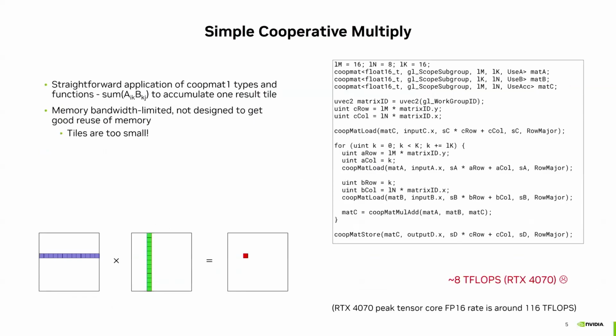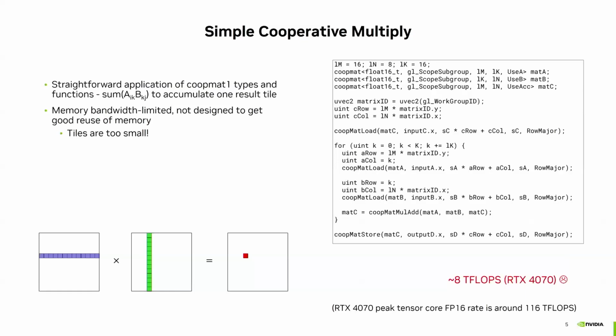So if you wanted to write a matrix multiply shader using Cooperative Matrix 1 the natural way, this is what it would look like. Each work group computes one tile of the result by doing a sum of the product of a row of A and a column of B. And so this code is short, easy to write, easy to read, but the performance is disappointing.